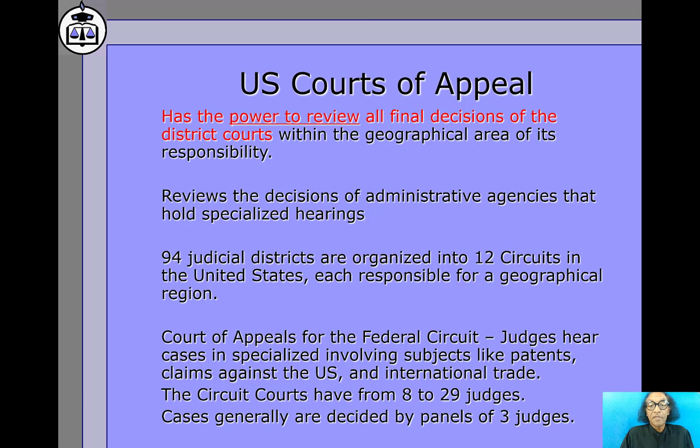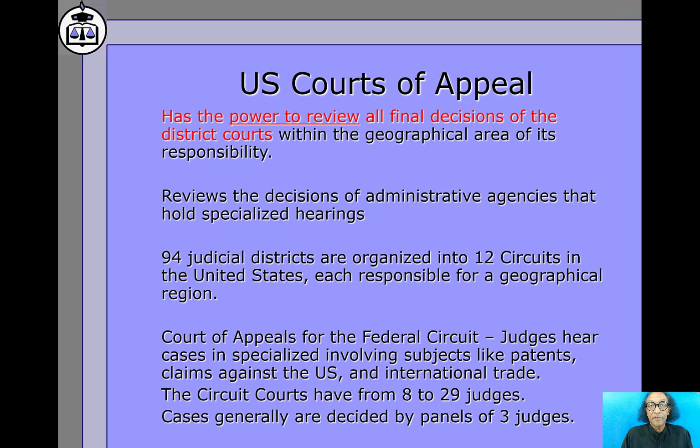And the singular purpose of the Courts of Appeal is to review the decisions of the district courts, or it could be administrative agencies, and determine whether or not there has been legal error made. In a criminal case, they determine if the rights of the defendant have been violated.